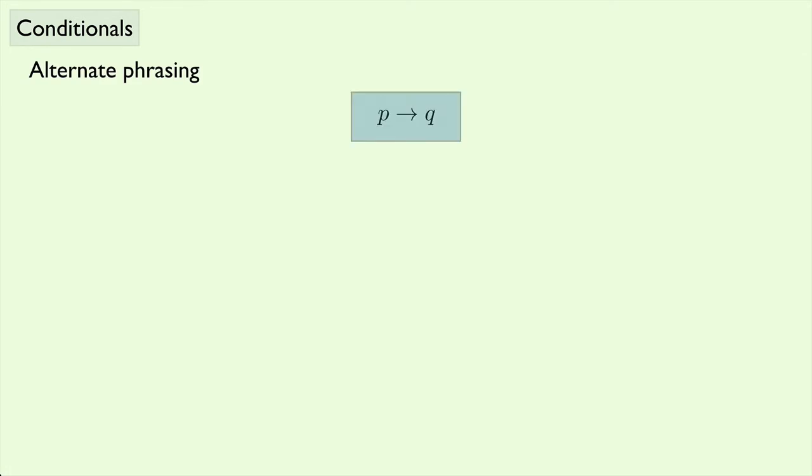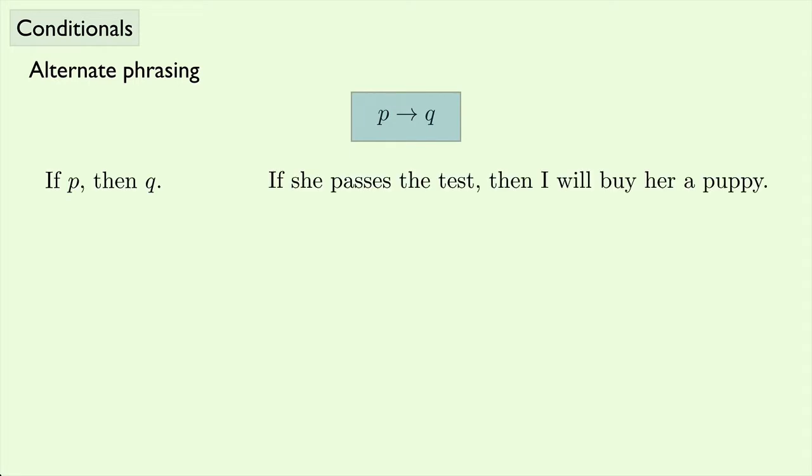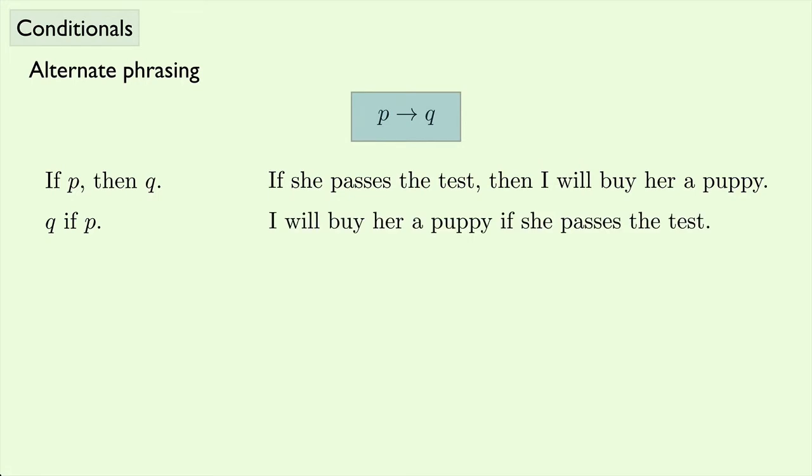There's some alternative phrasing that you might see here. We could say "if P then Q," which is what we're used to: if she passes the test, then I will buy her a puppy. But we could also say "Q if P." Notice the order here: the Q is first and then the P. Rewritten, it would say "I will buy her a puppy if she passes the test."